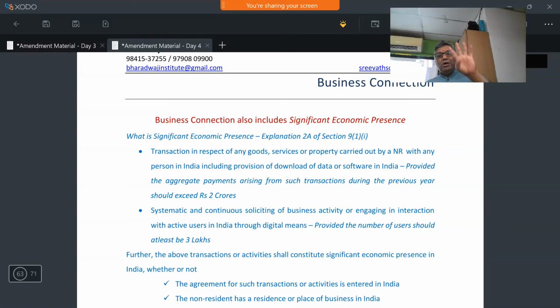ஒரு 4 வருஷமா something was due, which is now fulfilled. 4 years back we said business connection includes significant economic presence, and we were unable to define what is significant economic presence. We were unable to explain it.